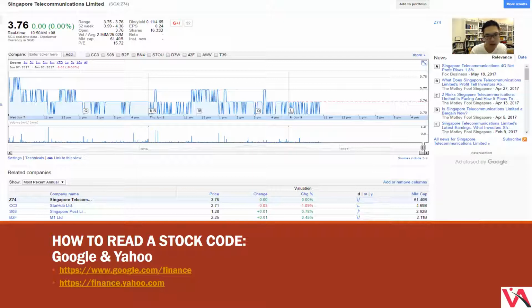But if you have this data right here, it will range from zero to as high as you want, but typically it will stay roughly around 1, where 1 means that it is just as volatile as the general market, which in Singapore's case is the STI. And the last one is Insti-own, which is basically the percentage of institutional ownership of the company. But as you can see, sometimes the data is not that accurate, so I would not read too much into that.